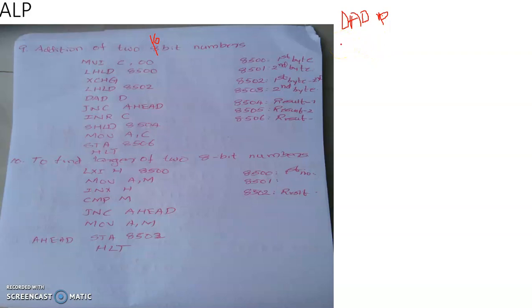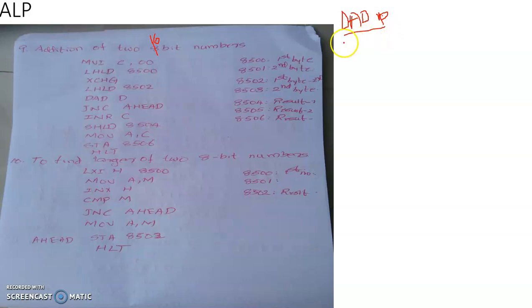If there is a carry, the carry flag will also be set. So to add these two 16-bit numbers, we take the first number to the HL pair, and the second number can be taken to any other register pair. Then we add these two numbers using the DAD register pair instruction.